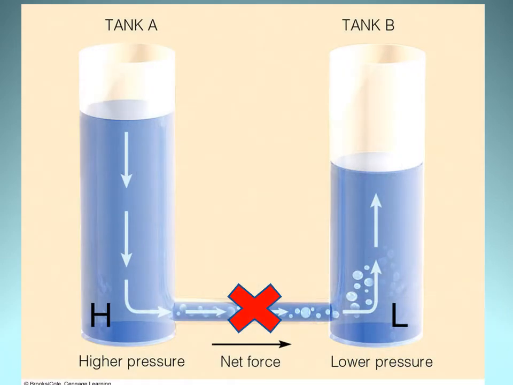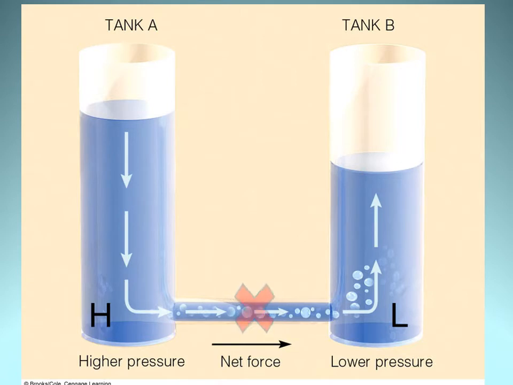You could think of air behaving like water, like I said before. If we have two tanks, one has more water, so let's say it's higher pressure, and then the other tank has less water, lower pressure. This X is supposed to represent, let's say, a block in this tube that's trying to get the water to go from high to low.